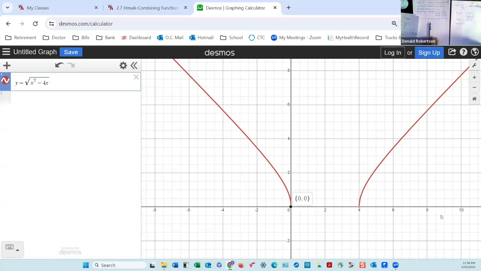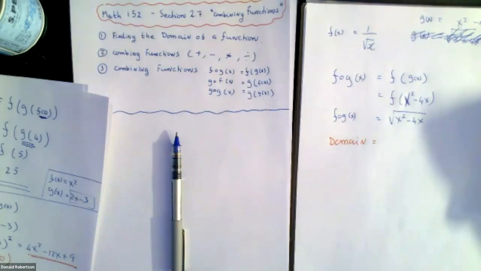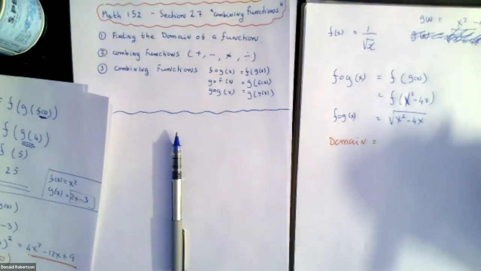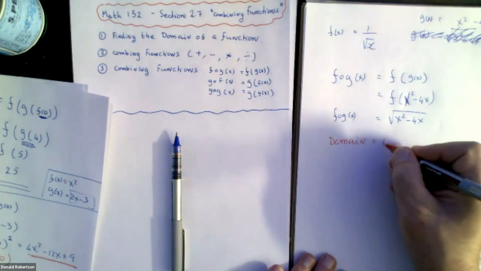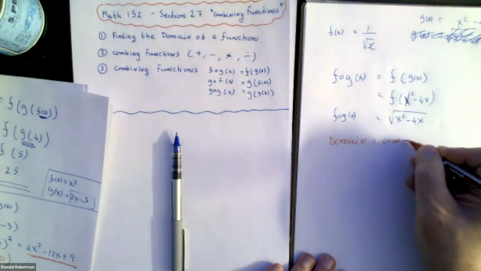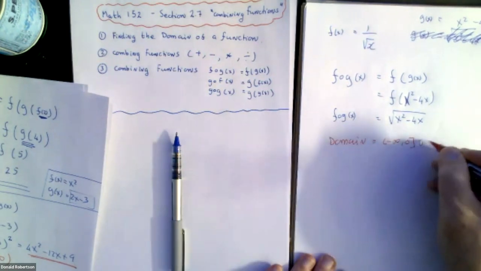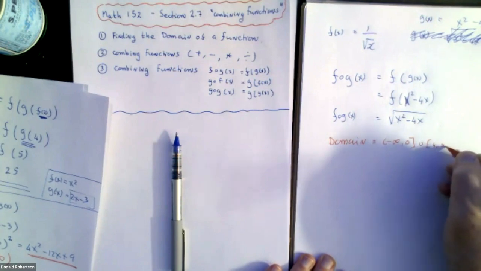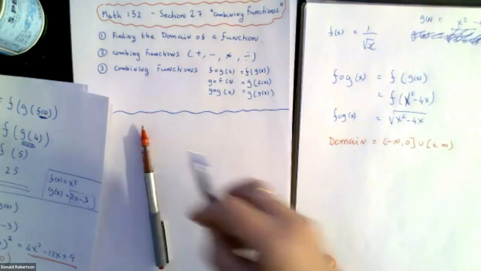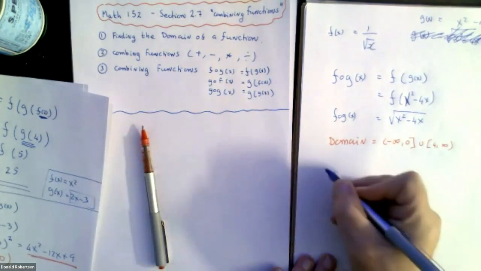So my domain is anything that's less than 0 and anything that's bigger than 4. Right? So less than 0 union bigger than 4. Let's do it the other way around.